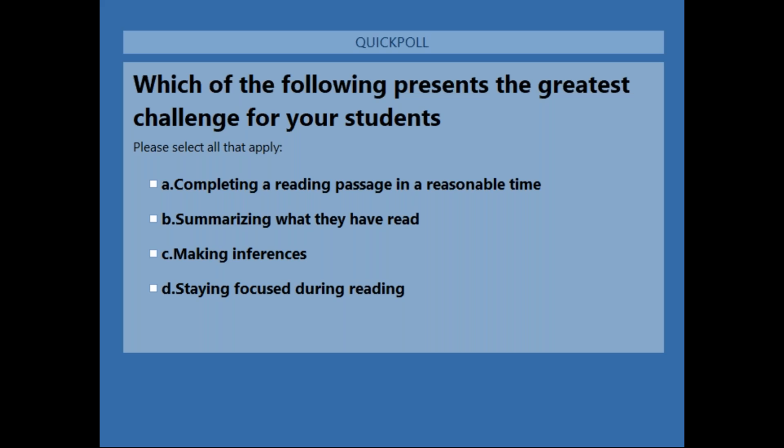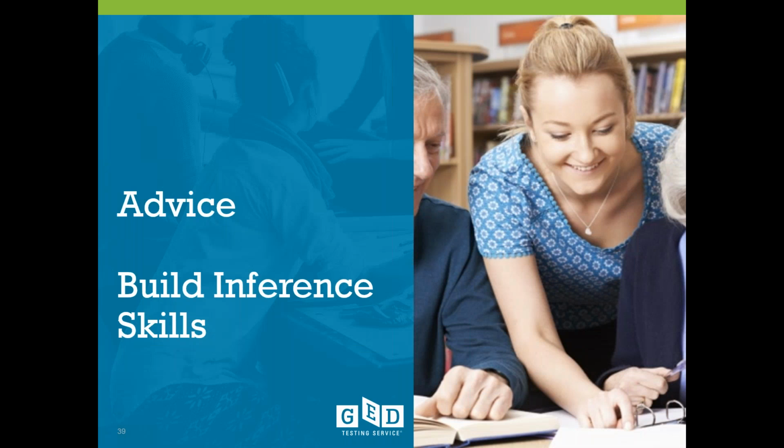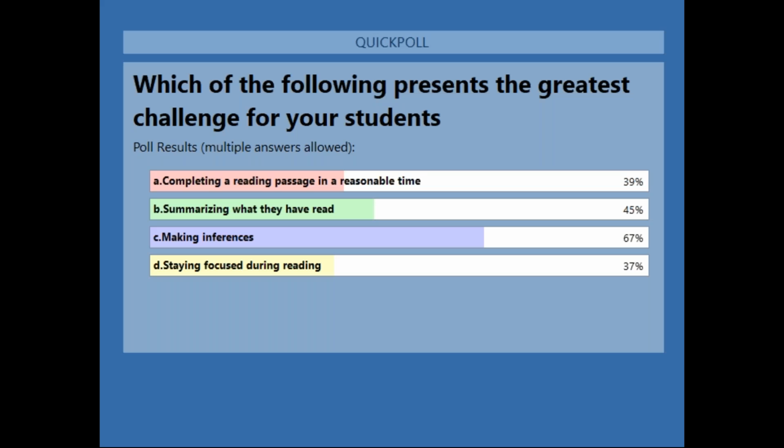And as I look at this, what I see is that we're right at the percentage that we've been having. So I'm going to close the poll and share the results. And you can see making inferences, which just happens to be where we're going next, is one of the biggest issues that you see.